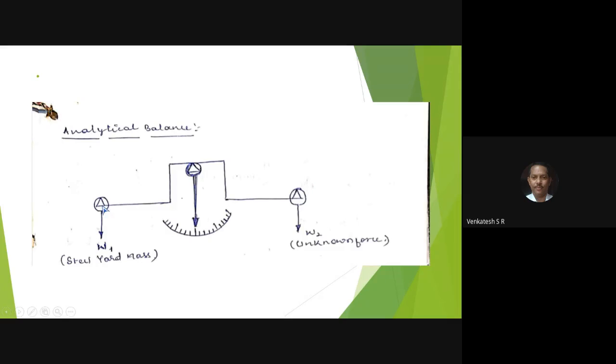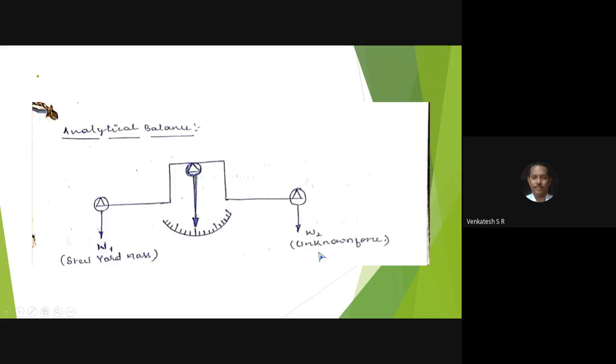You have one trapezoidal form, and the other is on the right side, W1, W2. This is the steelyard mass, and this is the unknown force. Usually you keep the chemical here, and here you keep the weights, which may be 5 grams, 10 grams, or 1 kg, like that. When the pointer or needle coincides with the zero reading, that is the exact weight of the chemical. That is the procedure for measuring chemicals.